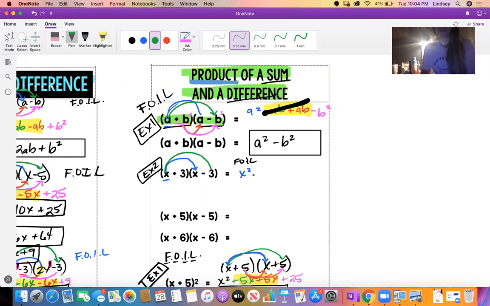So that is going to be a negative 3x because my coefficient has to go in front of my variable. Inner, positive 3 times x, so that's going to be positive 3x. And then last I have a positive 3 times a negative 3, which is going to be a negative 9. Once again, we have to combine like terms. And you can see that once again, those two like terms are going to cancel each other out. So I'm left with x squared minus 9.